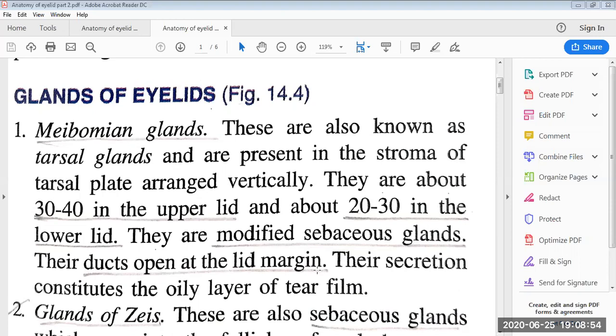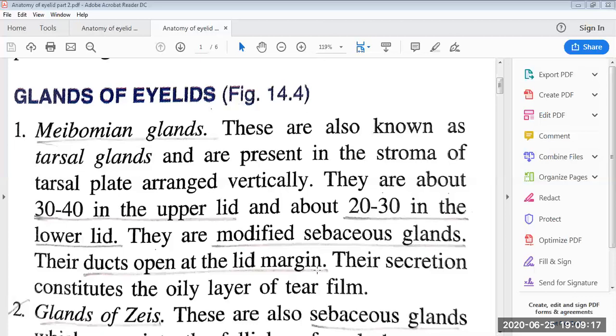What are the glands which are present in the eyelids? First is the meibomian gland. These are also known as the tarsal glands. As we have already discussed, they are the parallel rows of glands present in the stroma of the tarsal plate and are arranged vertically.